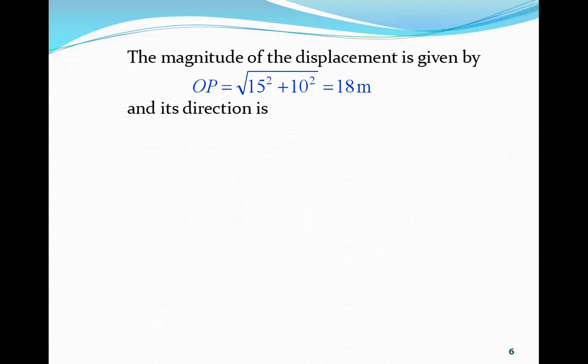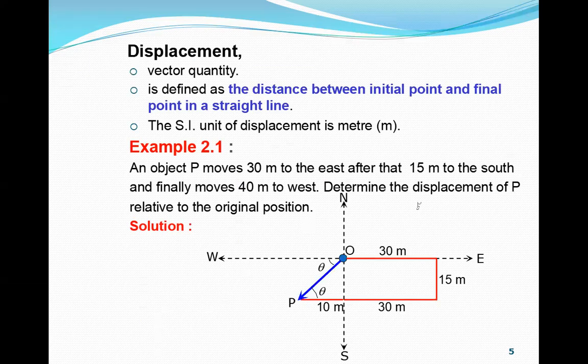Because we have the displacement, this displacement has a direction. So we also want to know the direction here. For that, this theta will be calculated, the angle at P. We know that displacement is a vector quantity, and vector quantities are those completely specified with magnitude, unit, as well as direction.